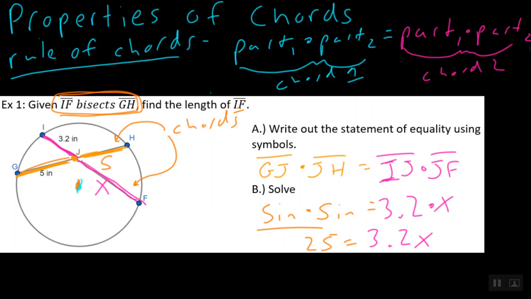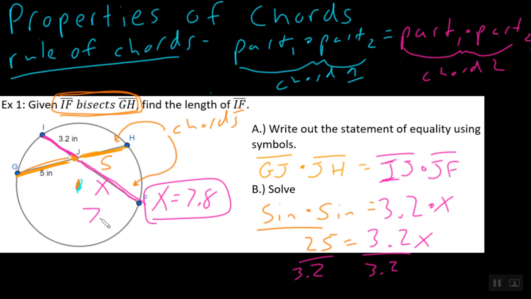25 is equal to 3.2x. And now we're just doing simple algebra. We'll divide both sides by 3.2. And 25 divided by 3.2 will actually give us 7.8. So I'd say, you know what? X is equal to 7.8. Okay, and that's 7.8. Now notice though, find the length of IF.